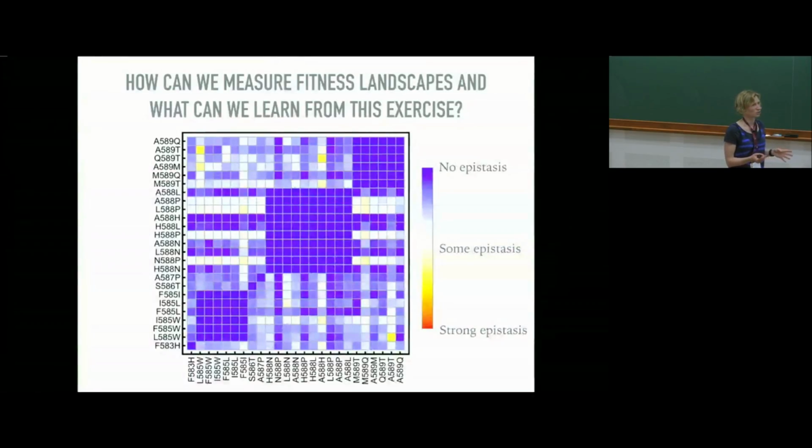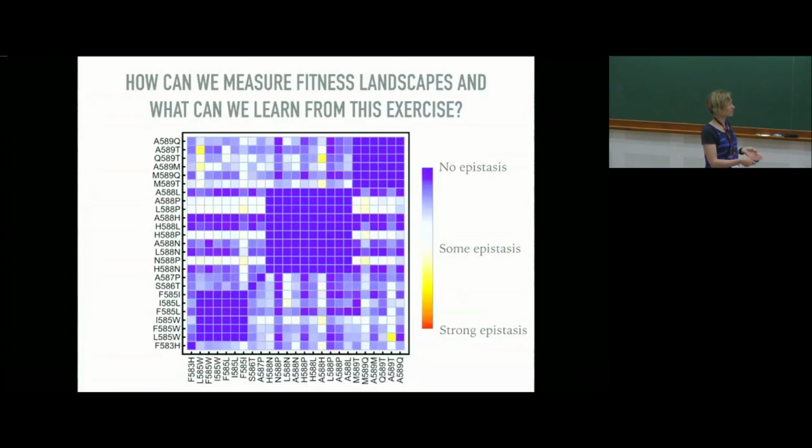And you have to keep in mind that this is averaged over the whole landscape. So this means that if we have this mutation and this mutation here, then the combination of those two mutations, on average over the whole landscape, has this type of epistasis. And that also results in the fact that we don't see strong epistasis all the time, because it really has to happen across the whole landscape.